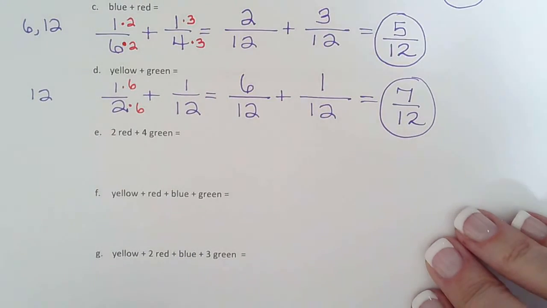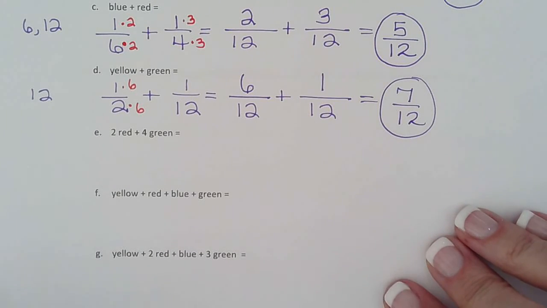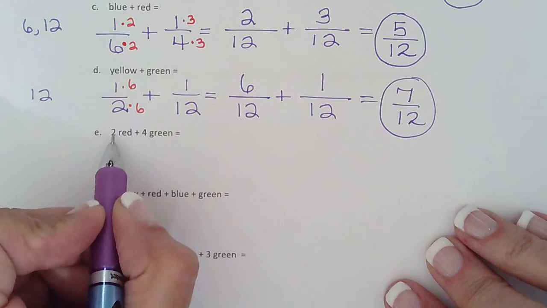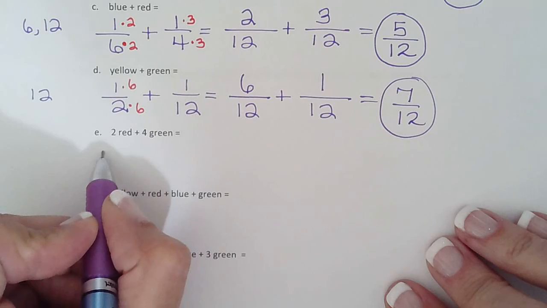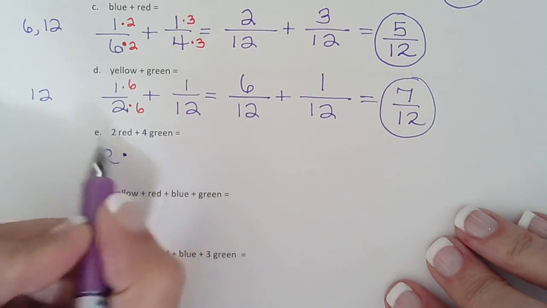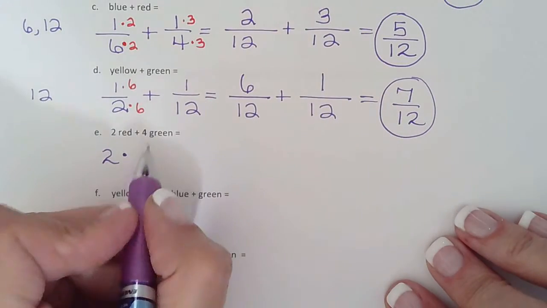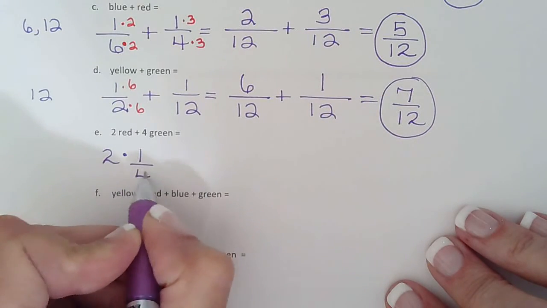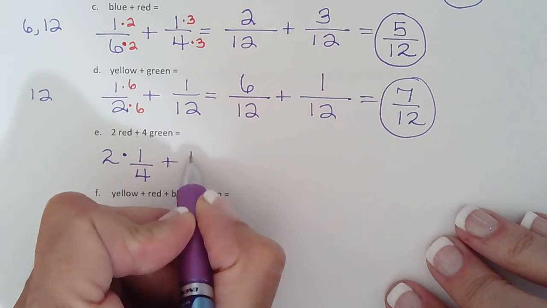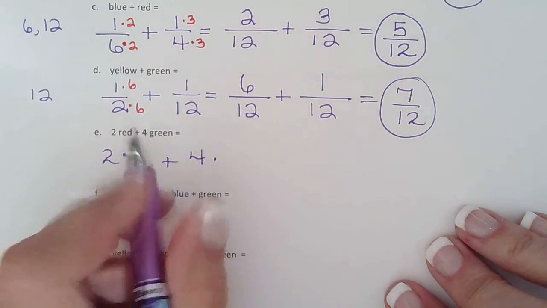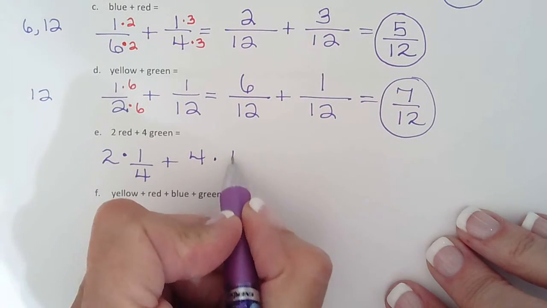And now they're going to add in a little bit of fun. So now this is like saying 2 times red. So 2 times, look at your key above, red is 1/4, plus 4 times green, look above, that's 1/12.